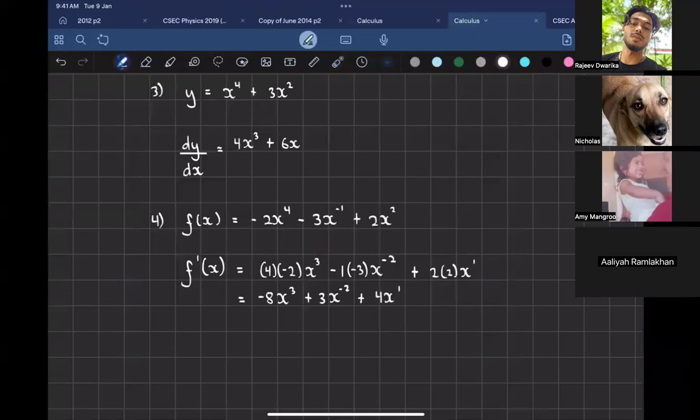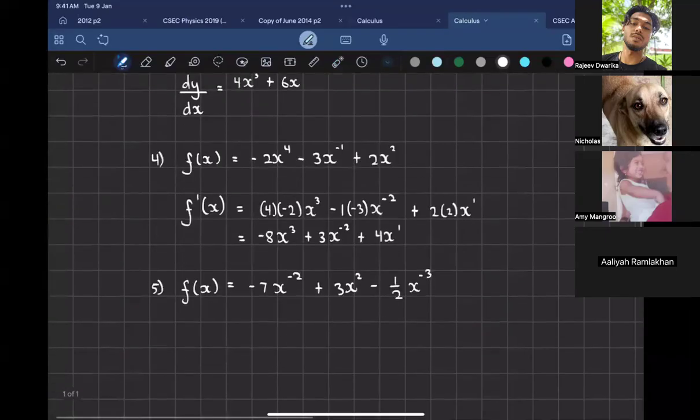So let me give you all one to try yourself. Given the function f of x is equal to minus 7x to the power minus 2 plus 3x to the power 2 plus minus. I want you all to try to not factorize.